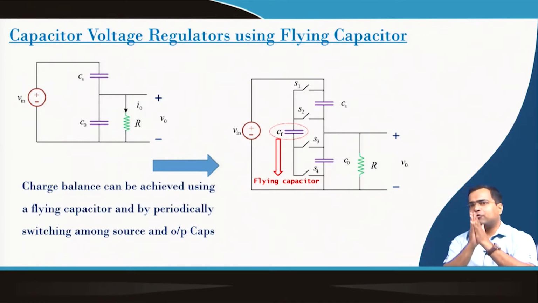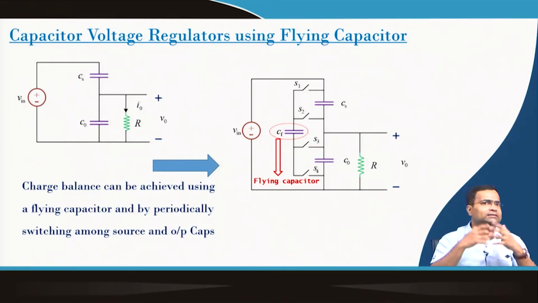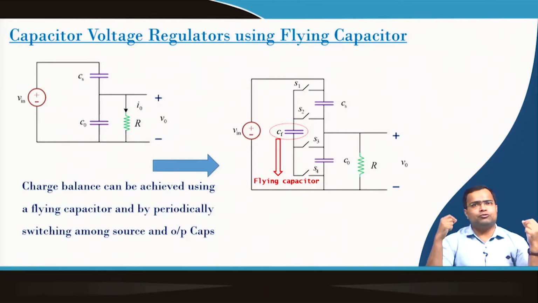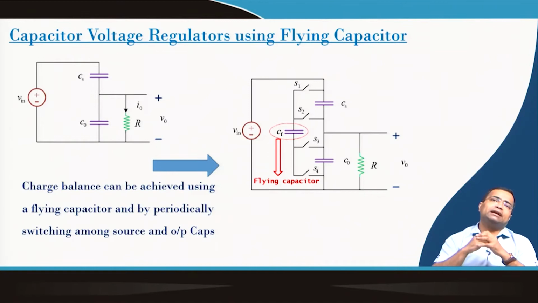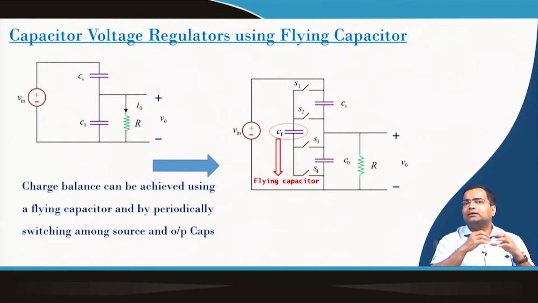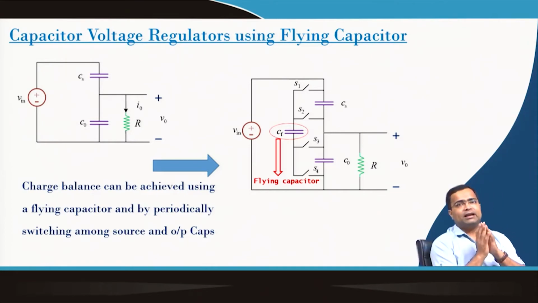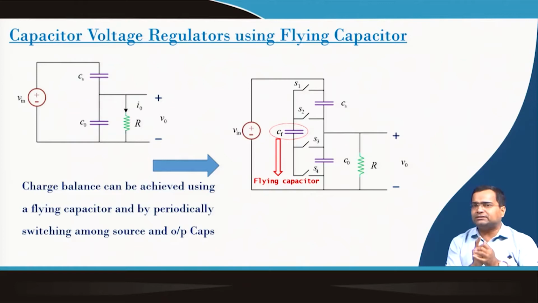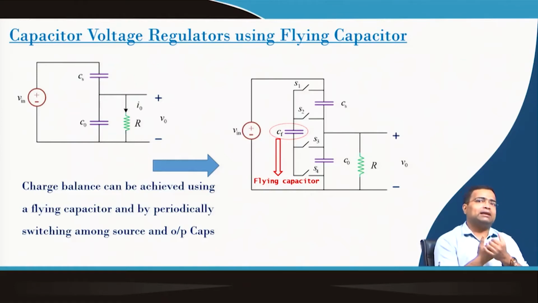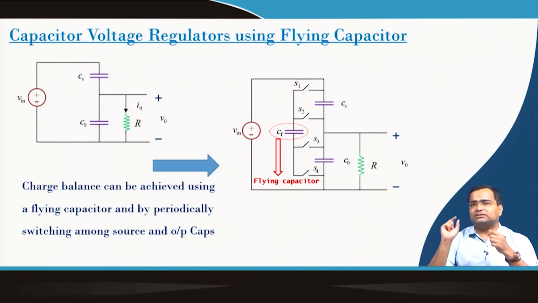and you can see there are 4 switches. In some cases, in fact, I will show you that you do not even need a source capacitance, because the flying capacitor itself can be connected between the output capacitance and the input voltage. So, that means the Cf can be connected in series with the load capacitance, the output capacitance, and it can also be connected across the output capacitance.